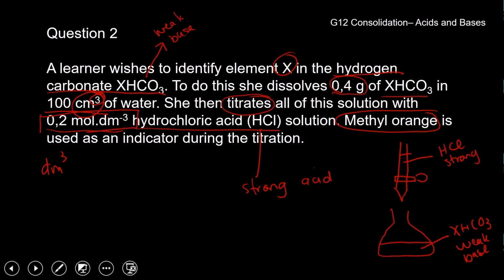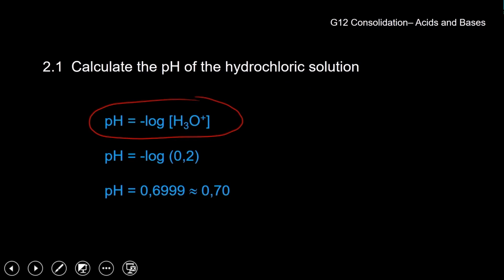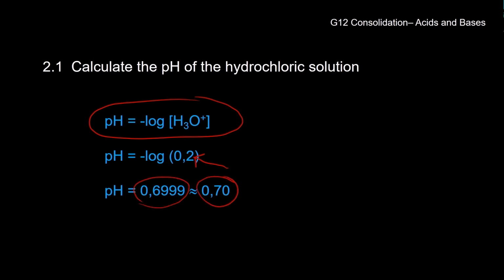That's all we need. We substitute that into our equation, use our calculators to find the logarithm, and come up with an answer of 0.6999, which we can round off to 0.7. Is that the correct answer?